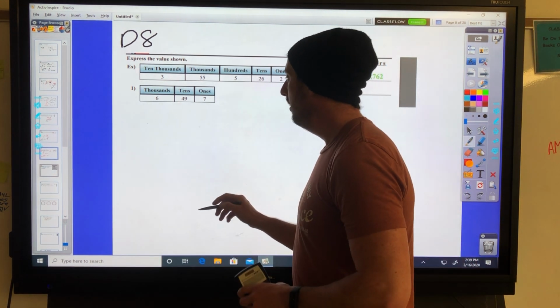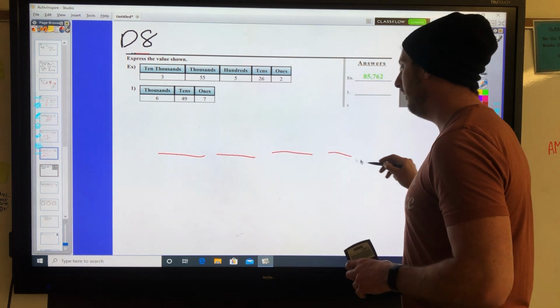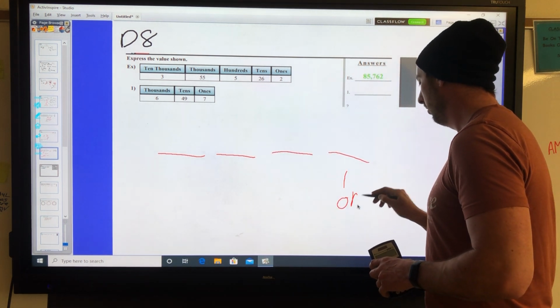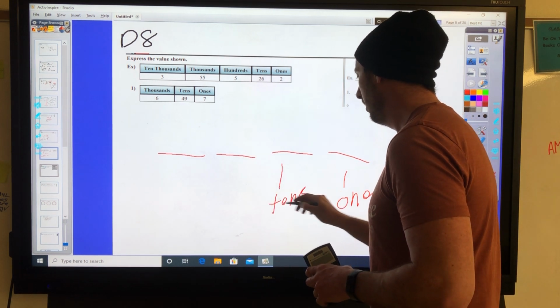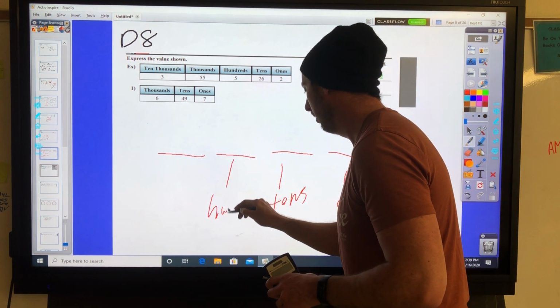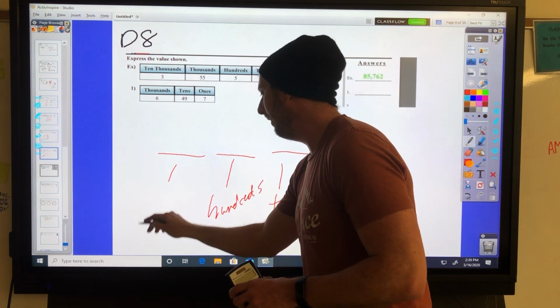So take a look. I'm going to start off again with my place value spots. If this is ones, this is tens. This is hundredths, excuse me, and thousands over here.